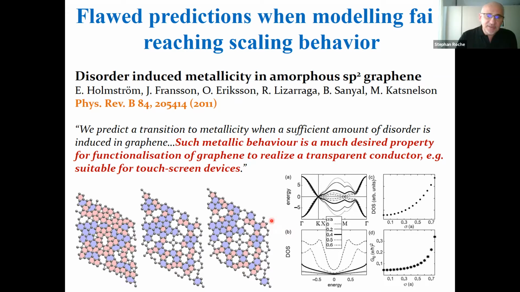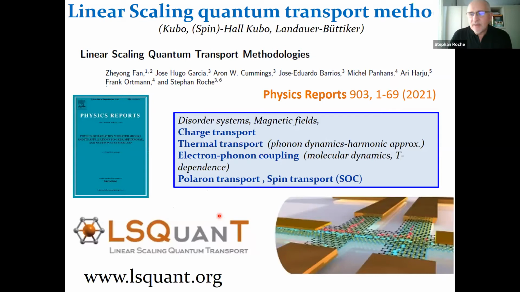Well, it turns out that this result is misleading because at the end of the day, if you move in scale, you will eventually find that the system is an insulator and certainly not a good conductor. So we have been developing for several decades these so-called linear scaling quantum transport approaches, and you can find all the details in a very recent review article published in Physics Reports.